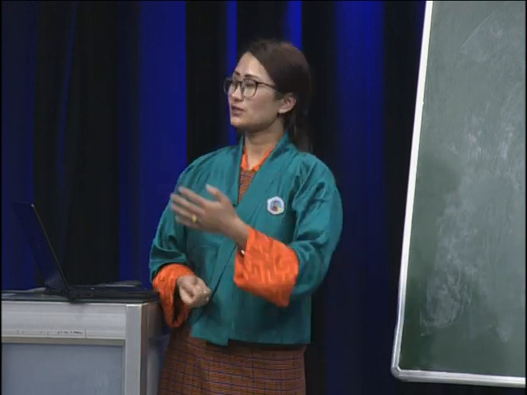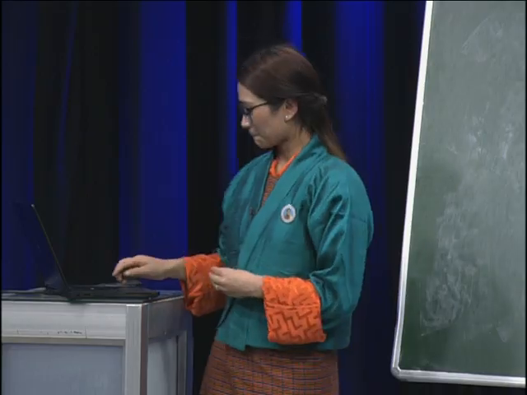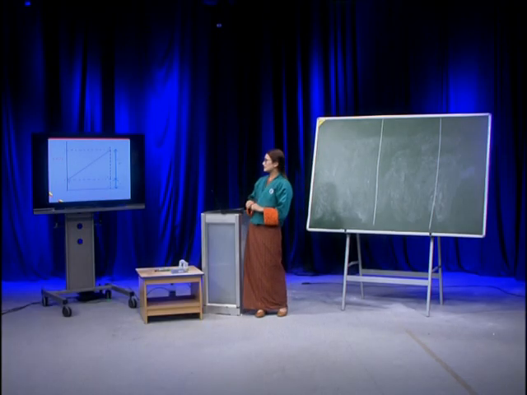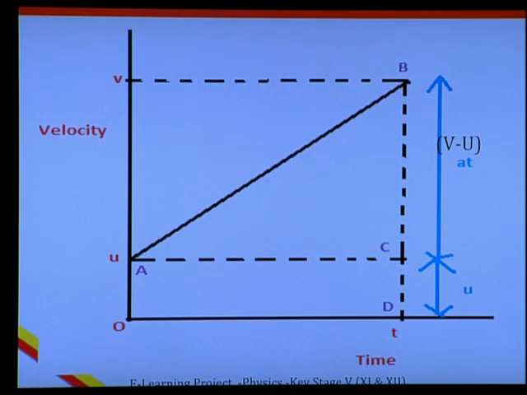Whereas if you are going to derive these 3 equations for a non-uniform motion, we can also use the calculus method. But today I will be taking you through the derivation of these 3 equations using the graphical method with certain assumptions. So we are going to use this graph, assume certain things, and finally we will be coming to the 3 kinematic equations.